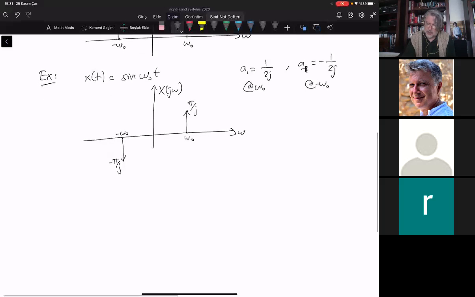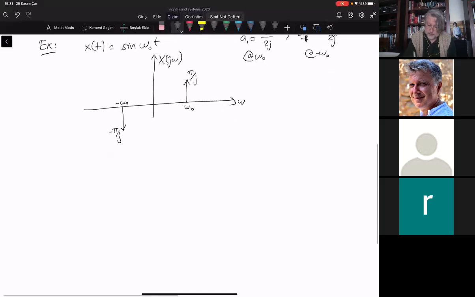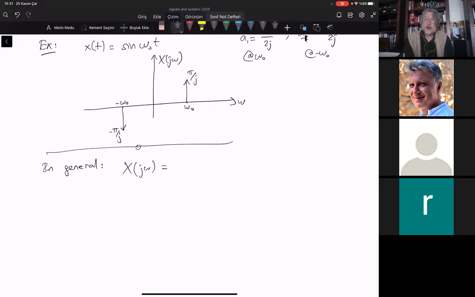Now we can generalize this expression. In general, x of j omega for the Fourier transform for periodic signals is a summation, because there may be many Fourier series coefficients, over k, no matter how many.